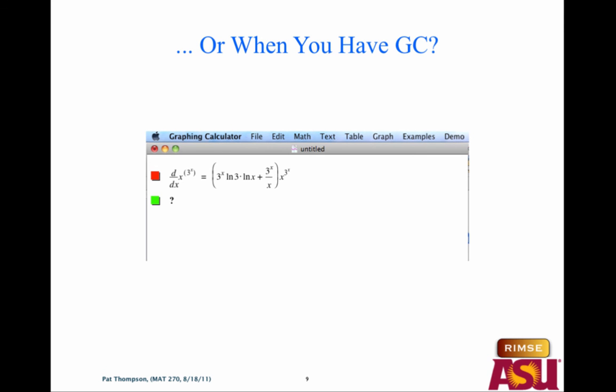So if the technology can do this at the touch of a button, should we spend 15, 20, 40 minutes learning these procedures? Is it worthwhile? We could be using all that time to understand what's going on, and use the technology to do that stuff. Then we could have all that time back to really understand the calculus.